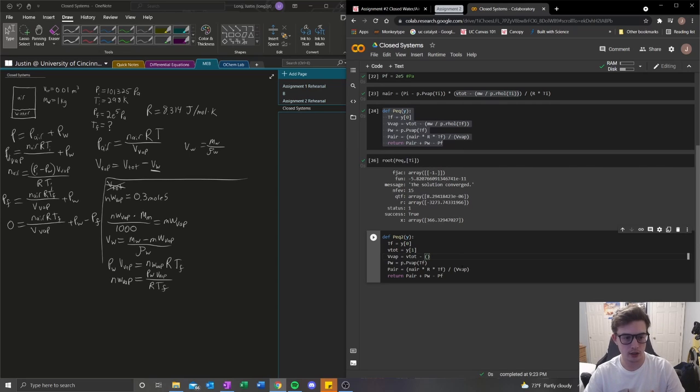So we're going to need the mass of the water minus the mass of the water vapor, and the mass of the water vapor is just equal to the number of moles of water vapor desired, and we're going to multiply that by, so I'm going to get another set of parentheses going, the molecular weight of water.